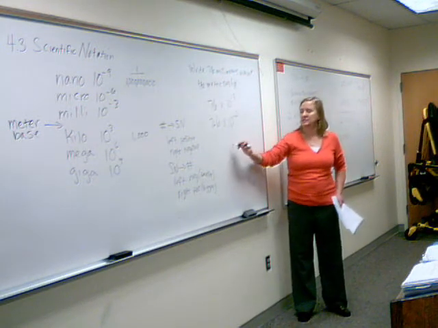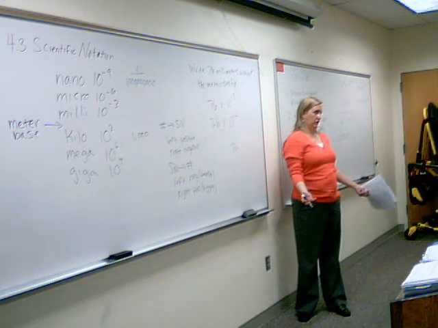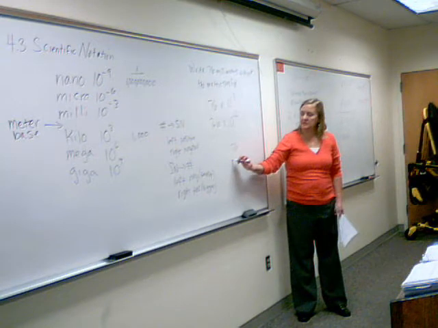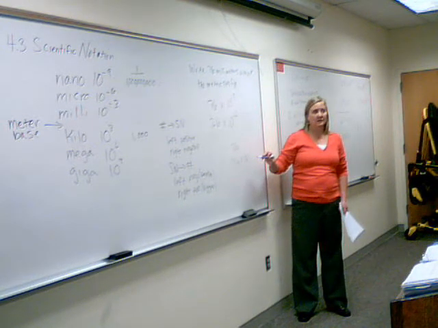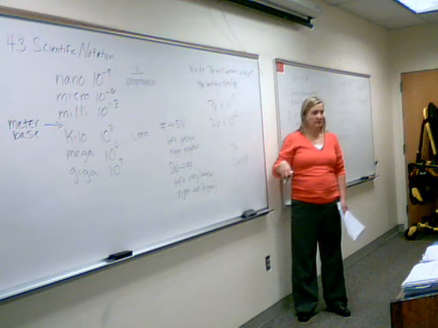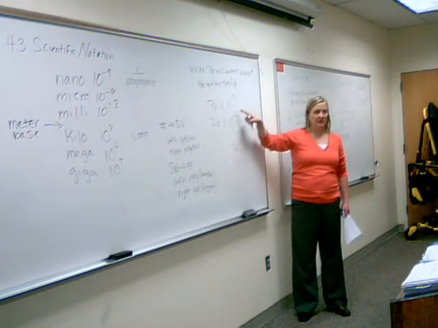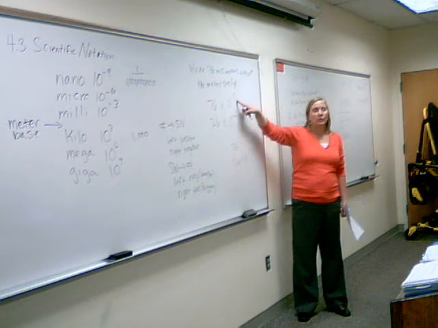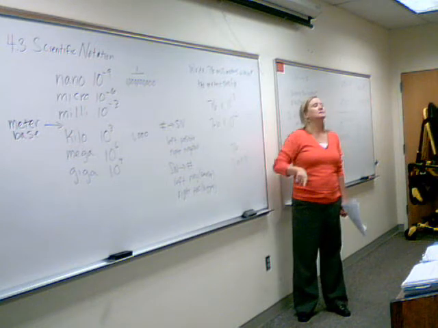What if I just said 76 and I wanted to write that in scientific notation? 7.6 times 10 to the what? 1. Right? Because I moved it once to the left. That's what I did from here to here. I just happened to already have a negative 3, so when I had 10 to the 1, I moved it up.